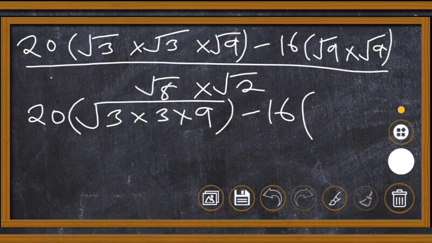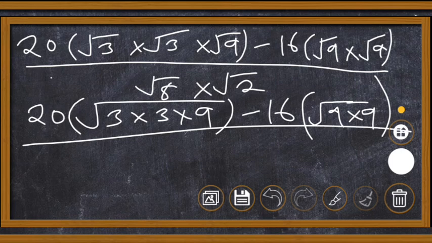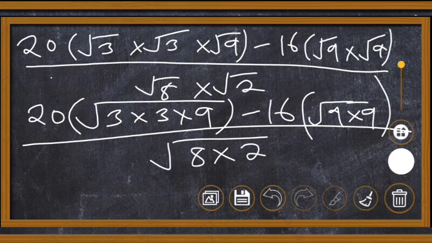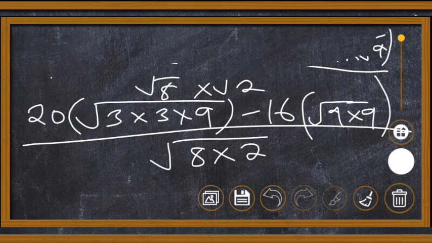And then here we are multiplying the same roots, root of 9 multiplied by root of 9. Under the same root, we can multiply them as 9 multiplied by 9. Then the root of 8 multiplied by the root of 2 can also be simplified as 8 in the same root multiplied by 2.